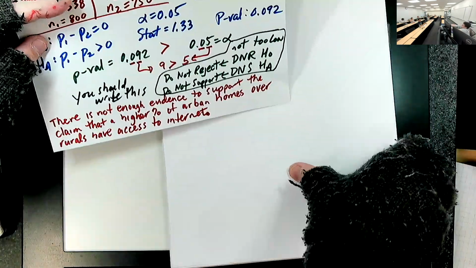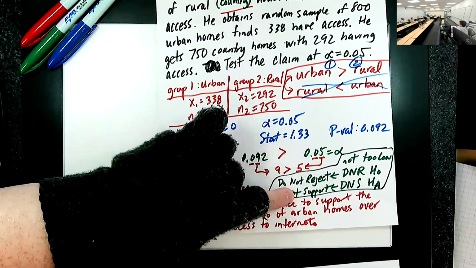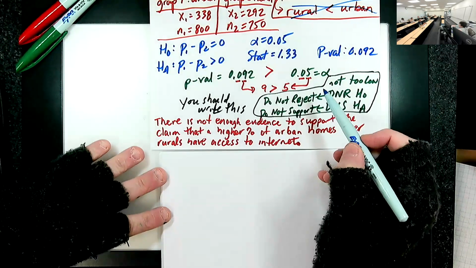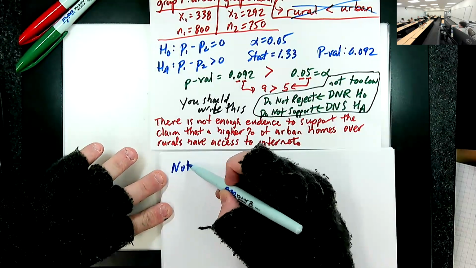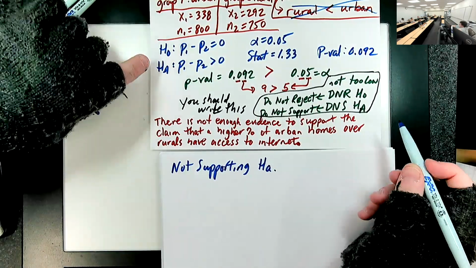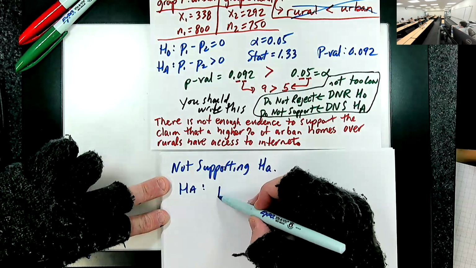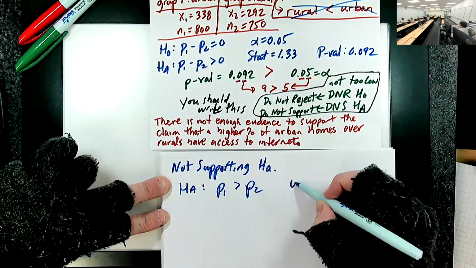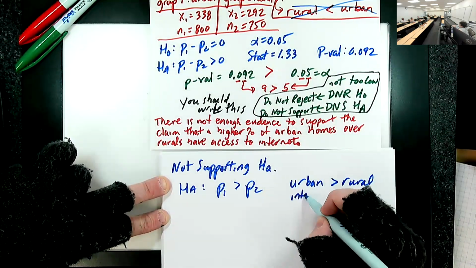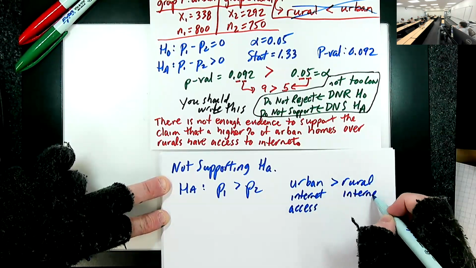Okay, so now I get what your question is. How am I going from up here to this conclusion here? That's the question, right? What we have here is we concluded we are not supporting HA. This is before I get to the paragraph. You have to go back up and look and ask, what was HA? HA here was P1 greater than P2: urban internet access was greater than rural internet access.